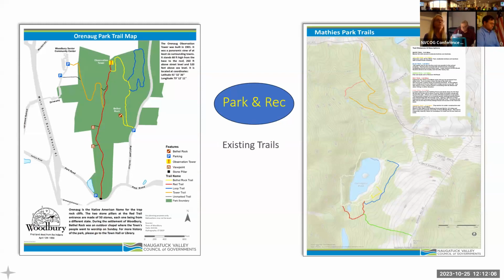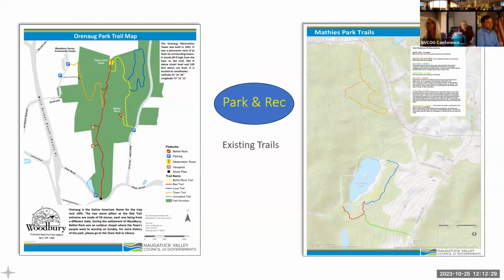For the Parks and Rec Department, we prepared the map on the left. We had NVCOG staff go out and walk those trails and GPS them. Then we put them on this map showing the other features in the park, so that Parks and Rec can hand that out to town residents.